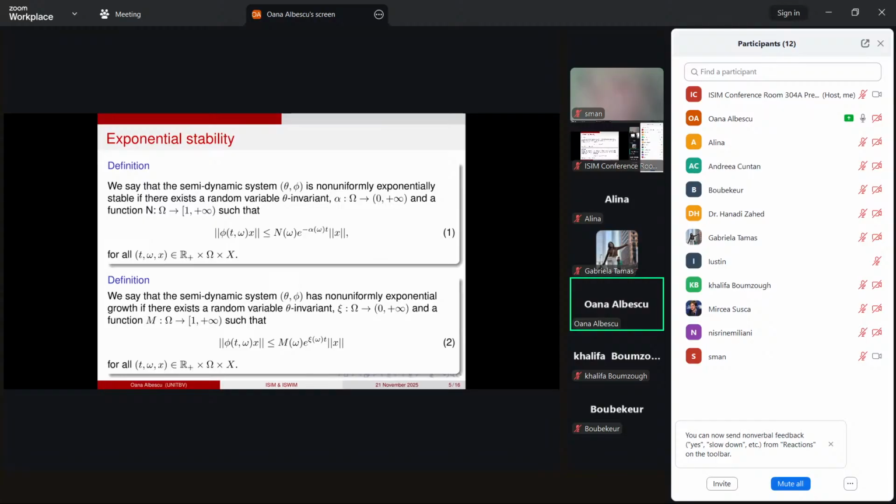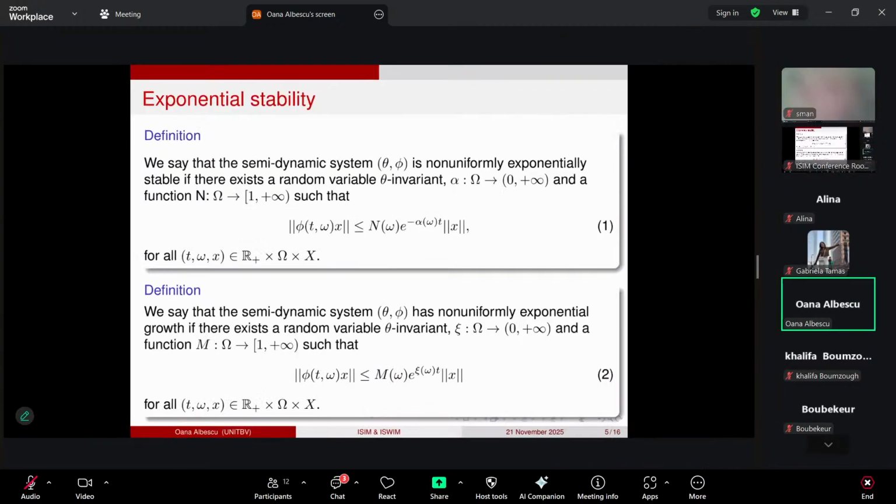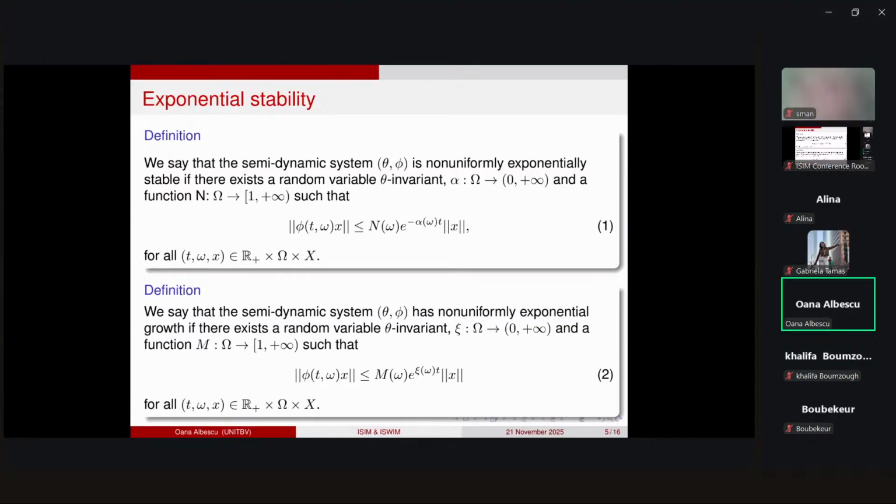Second, the system has non-uniformly exponential growth if there exists a theta invariant random variable xi and a function m such that the norm of phi grows at most exponentially with rate xi up to the factor m of omega.